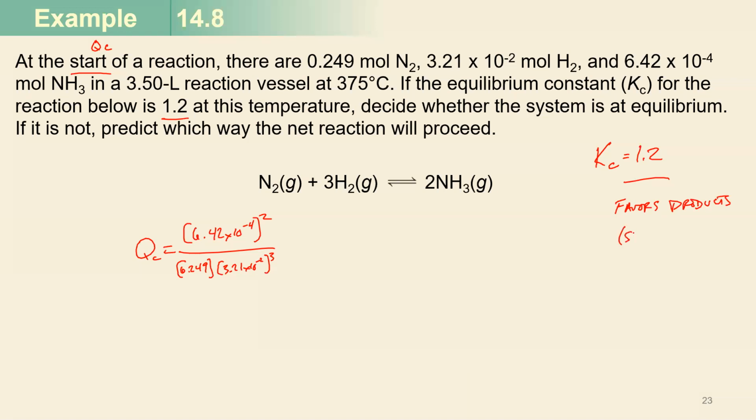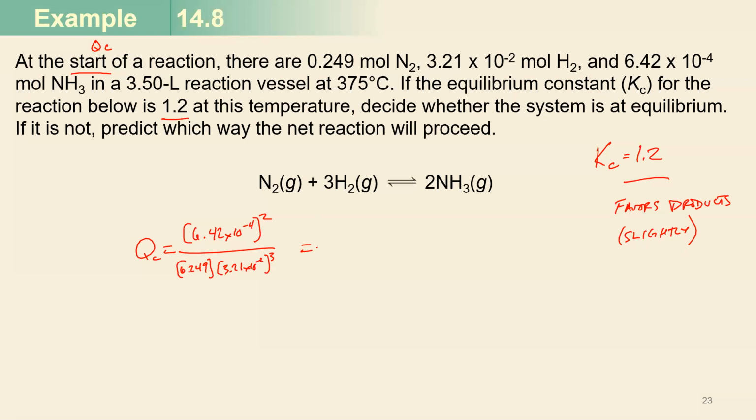I'm going to put slightly here in parentheses since it's just barely greater than 1. Do we have a lot of product? No, we do not have hardly any product, right? And so if we had to take a guess, Qc probably is less than Kc because it needs to shift to the product. But let's do the math.